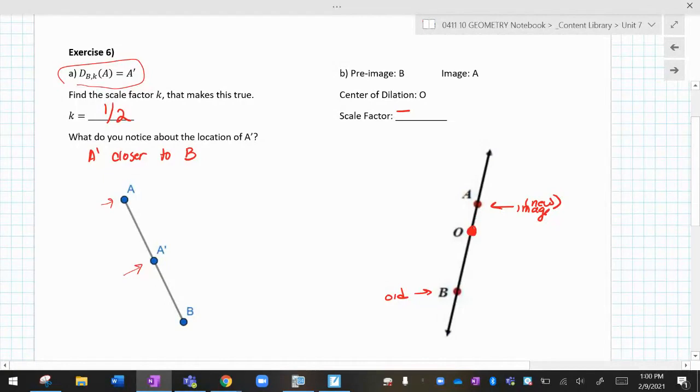And it looks like OA is closer than OB was. And I'm going to guess that this scale factor was probably -1/2 or maybe like -1/3. Okay. And in this case, I wouldn't ask you to give me an exact value. I'd just kind of be asking for an estimate.